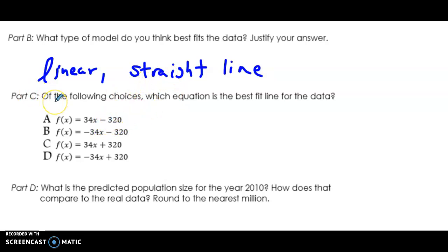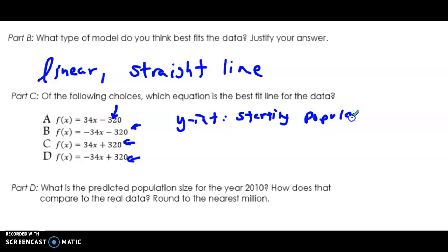And it says, of the following choices, which equation is the best fit line for the data? So right here, all of these y-intercepts are the starts. The y-intercept is the starting population.